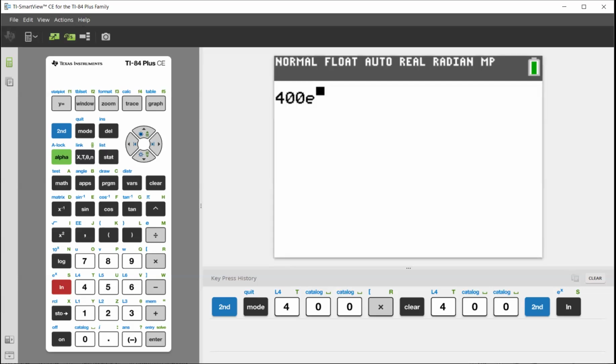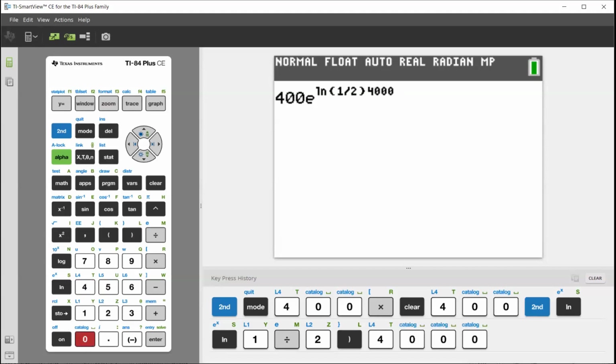So I'm going to enter ln of one half, 1 divided by 2, close the argument, and multiply that by 4,000. As you can see, the exponent stays up high on the shoulder of e.